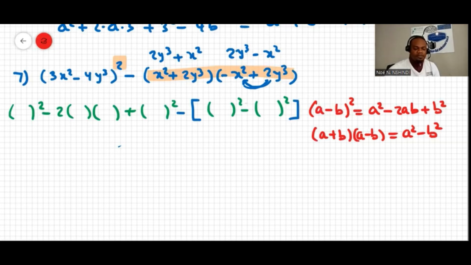Then a was 3x squared, so 3x squared minus 2a, so 3x squared, and b is 4y cubed, plus 4y cubed. I just applied this formula for the perfect square, and for the difference of two squares it's 2y cubed to the power of 2 minus x squared to the power of 2.